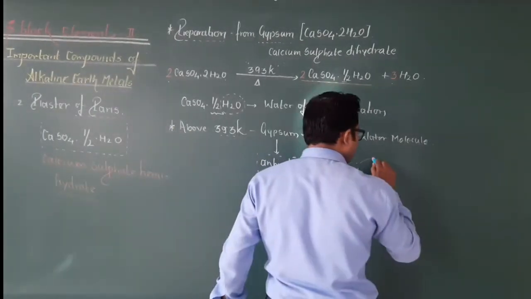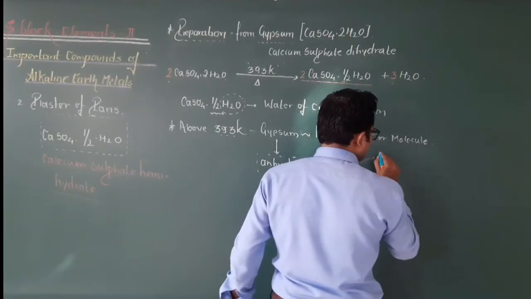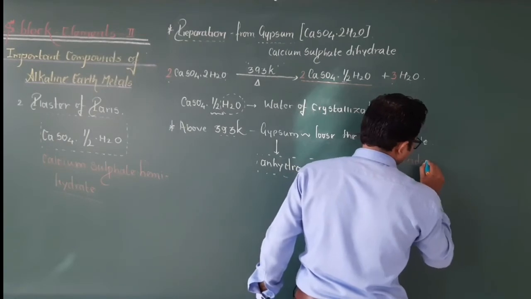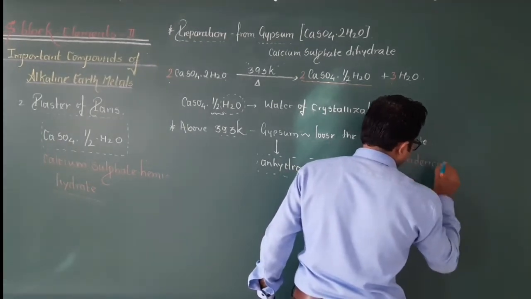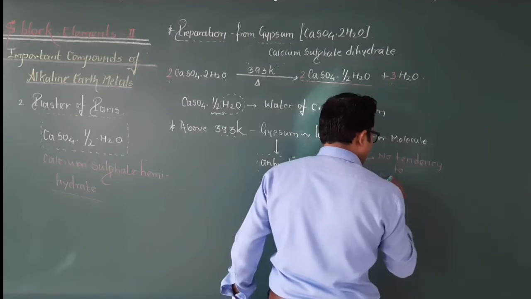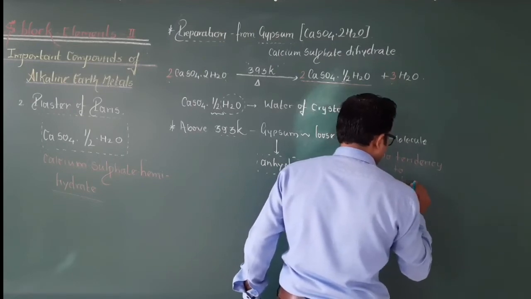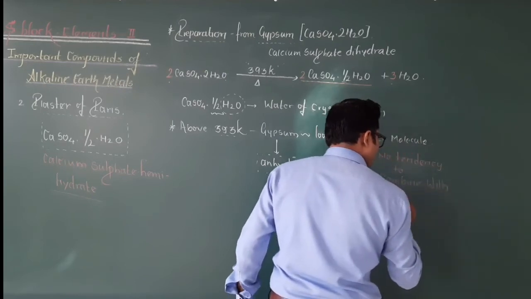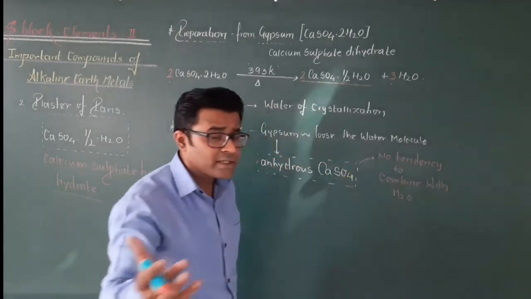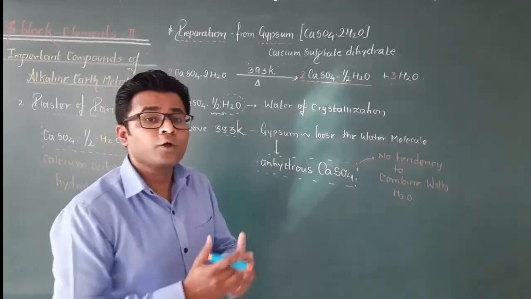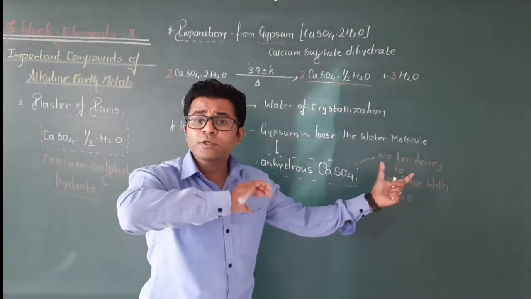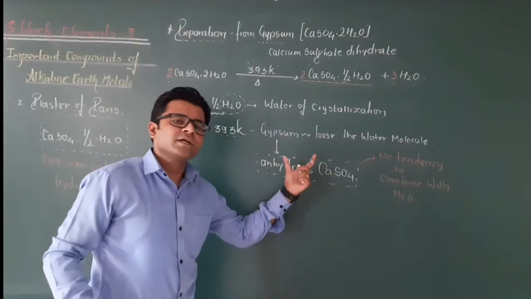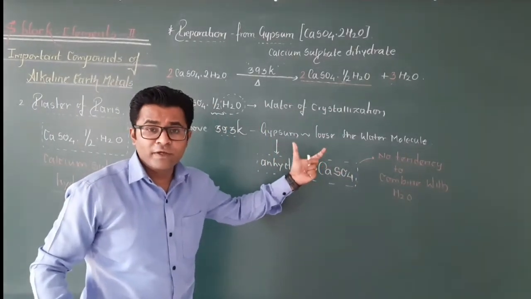Now this anhydrous calcium sulfate that we have got here has no tendency to combine with water molecule. That means it is not going to combine with water molecule. It is not going to give us any hardening effect. So in short, this particular calcium sulfate is not of any use for us.